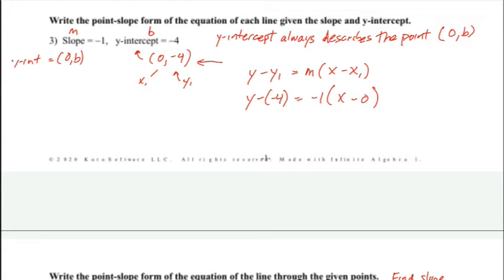And when we simplify this out, we get y plus 4 is equal to minus 1x, which is also y plus 4 is equal to minus x.